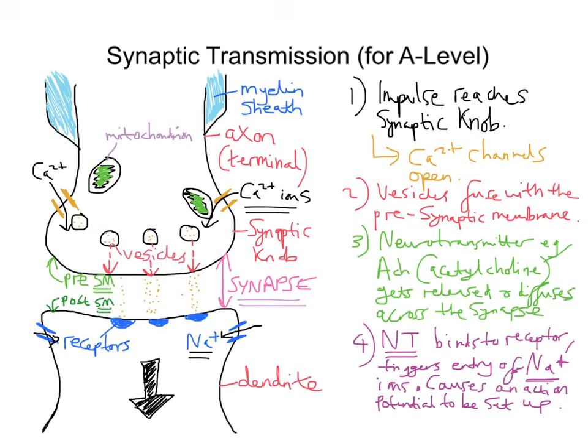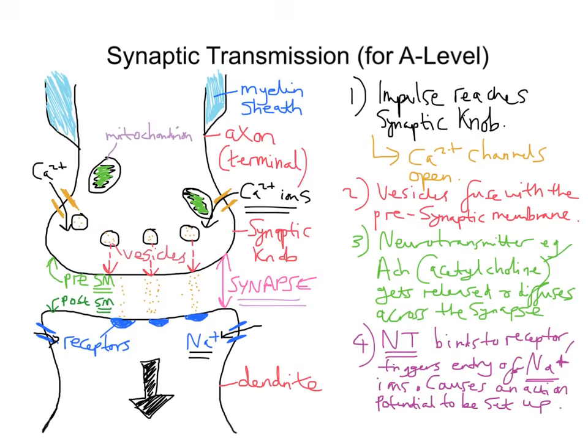Then all we've got left is to deal with the calcium. And then, once we've been able to repackage the neurotransmitter into the vesicle, the calcium ions get pumped out of the synaptic knob. Once they're pumped out of the synaptic knob, the process is then allowed to go again.